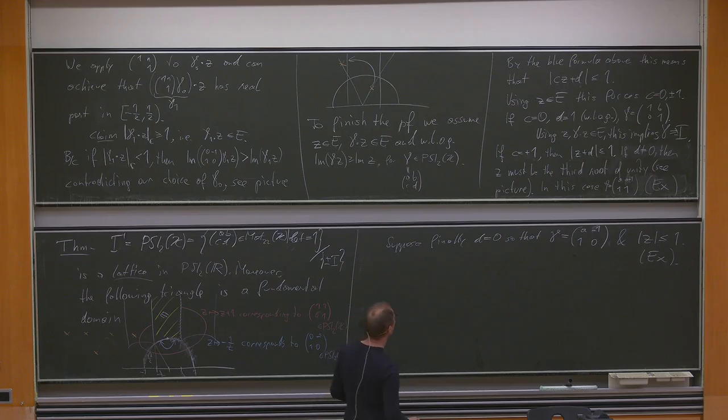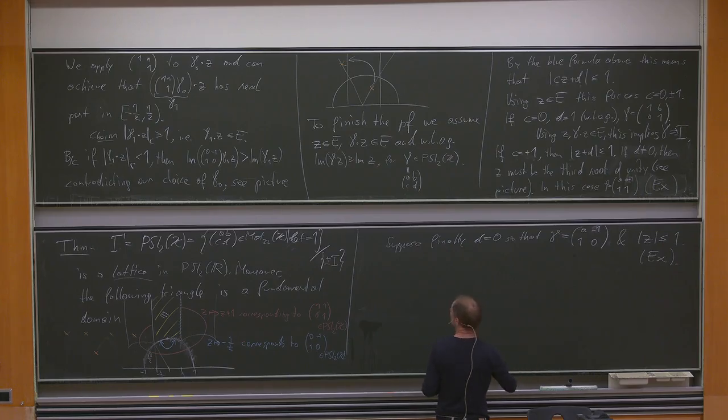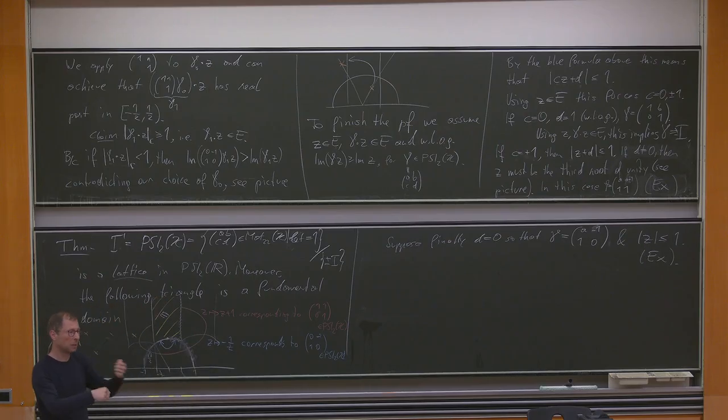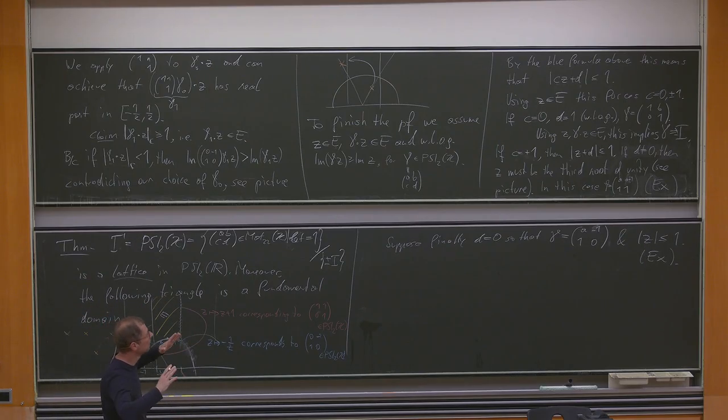Good. So that, let's say, ignoring the boundaries a bit, tells us everything we wanted to know. For any point whatsoever on the hyperbolic plane, we can find an integer matrix so that this integer matrix will move our point into the triangle. And if we have 2 points on the triangle that are on the same orbit, then the only way this can possibly pop up is when the 2 points are both on the boundary.